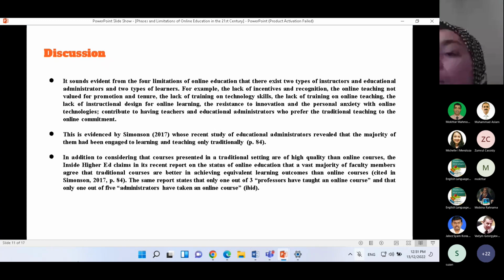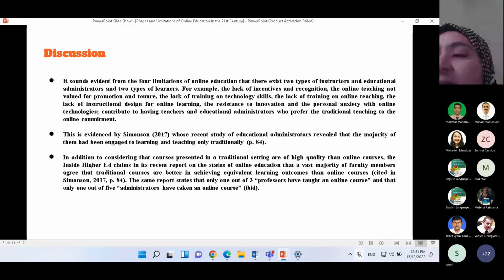This is actually evidenced by Simonson 2017, whose recent study of educational administrators revealed that the majority of them had been engaged in learning and teaching only traditionally, in addition to considering courses presented in a traditional setting to be of higher quality than online courses.